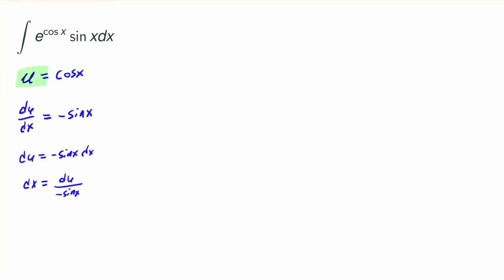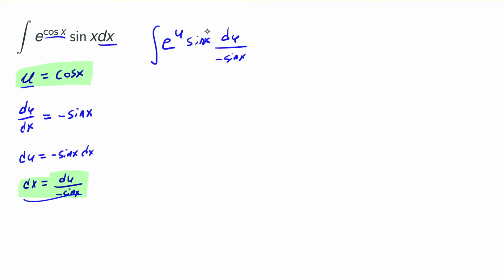So using these two, we substitute into the integral. So we have e, well, instead of cosine x, I'm going to write u. We're going to keep the sine x for now. And what is dx? dx was this, du over negative sine x.